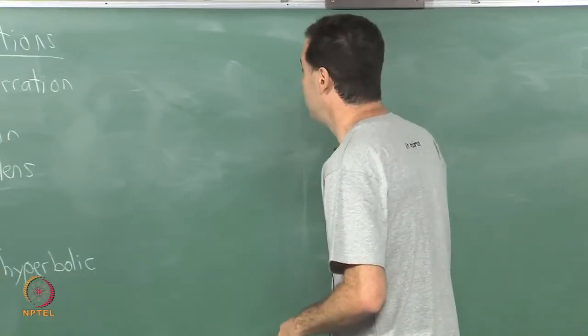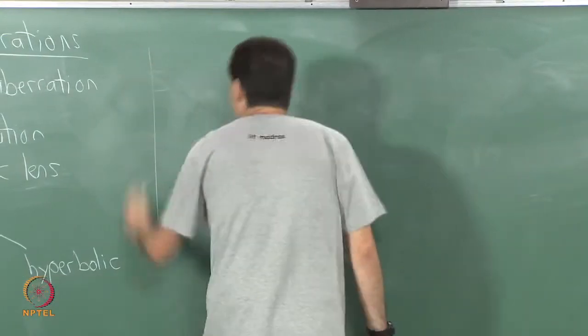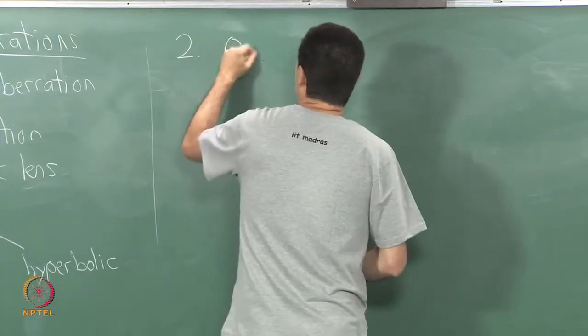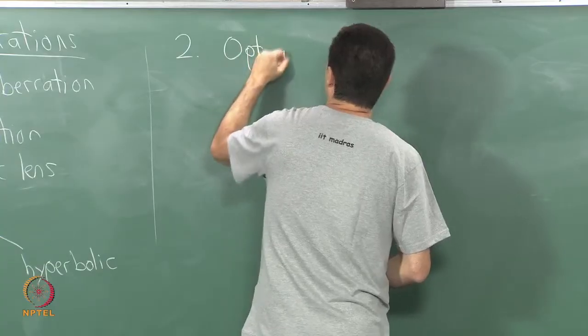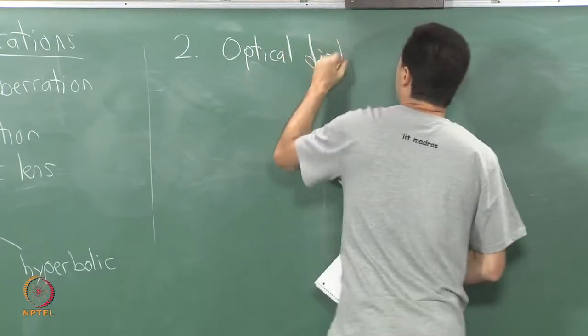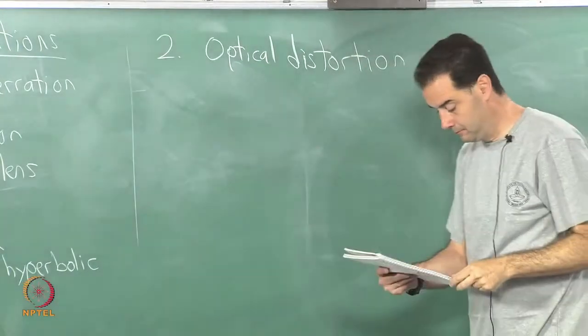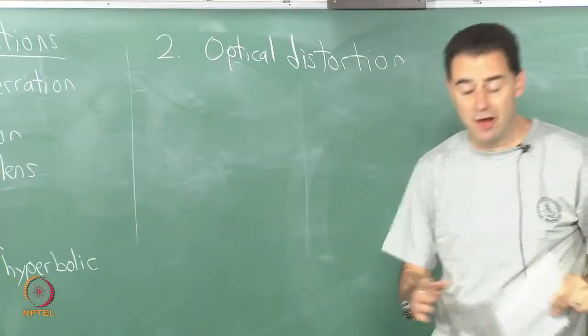So let me give you another one. Number 2, optical distortion. In this case, when we have a high field of view, this might happen.